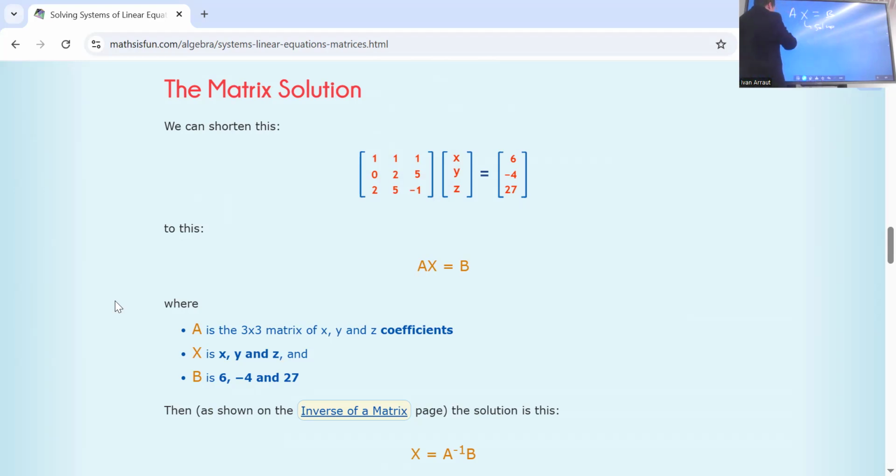What do I do? A inverse times A times x equals A inverse times b. This is the identity, so you obtain x. Done. This is what they display here.